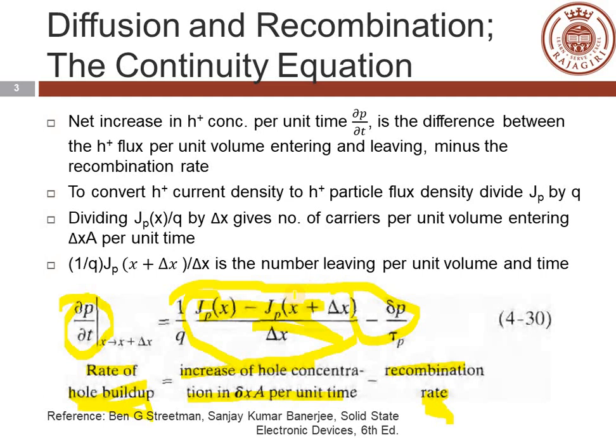Now, we will be assuming delta x tends to 0. Once delta x tends to 0, you can see this first part of the equation.